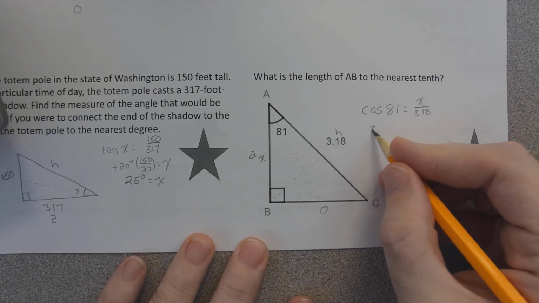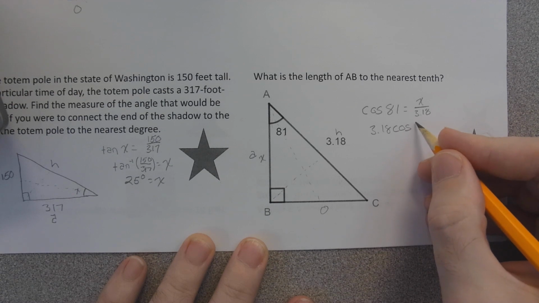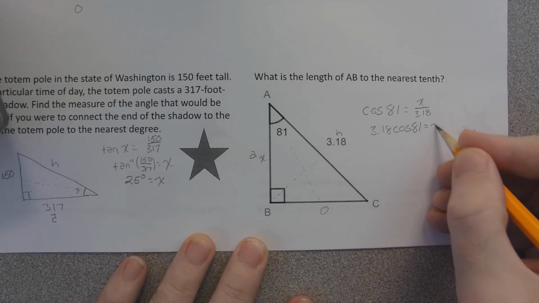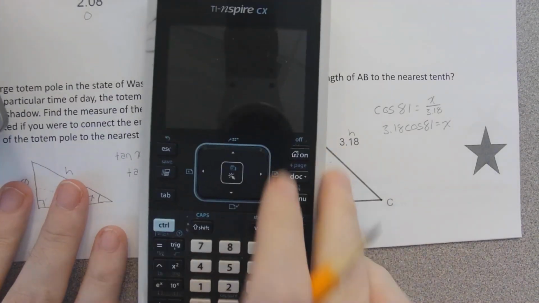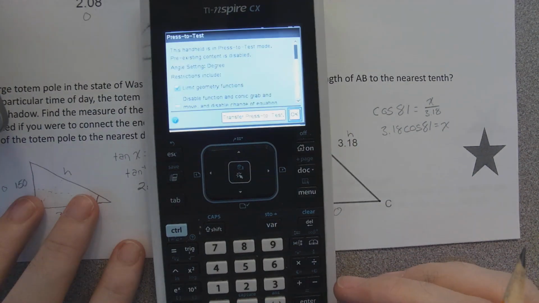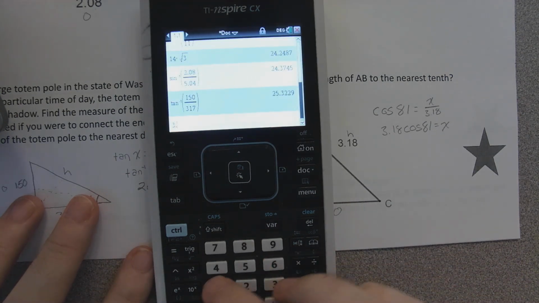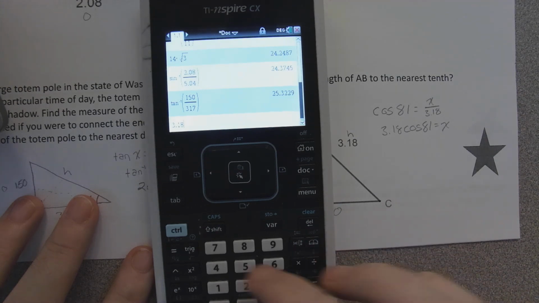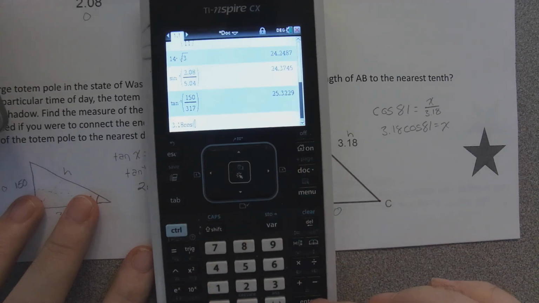So we do 3.18 cosine 81 equals x. And again, we take out the calculator, turn it on because it turned itself off, and we type in 3.18 cosine 81.